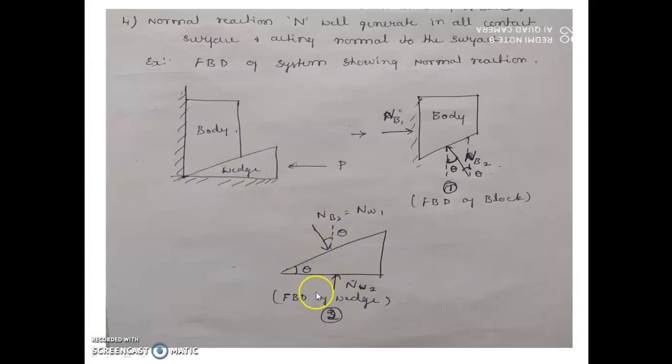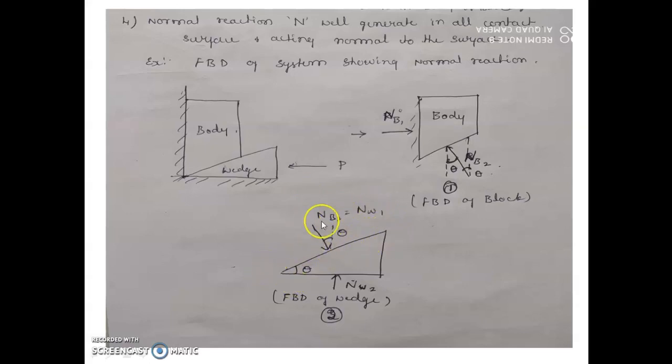The wedge is in contact with the horizontal surface, the second surface. So here one reaction will be generated, which I will call NW2. NB2 is equal to NW1. NB2 means normal reaction 2 on the block, which is equal to normal reaction 1 on the wedge.